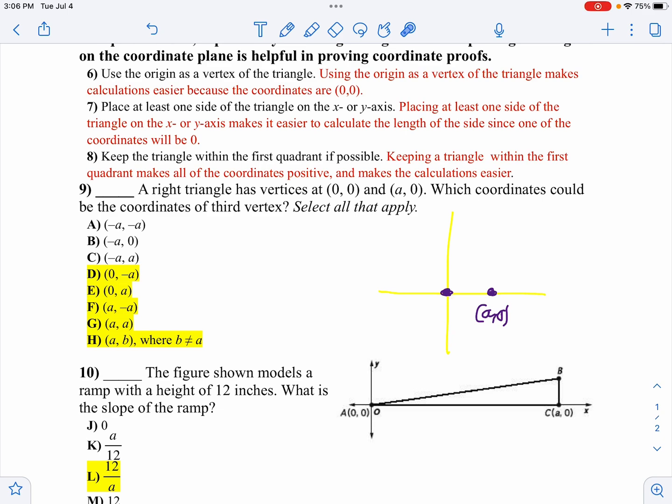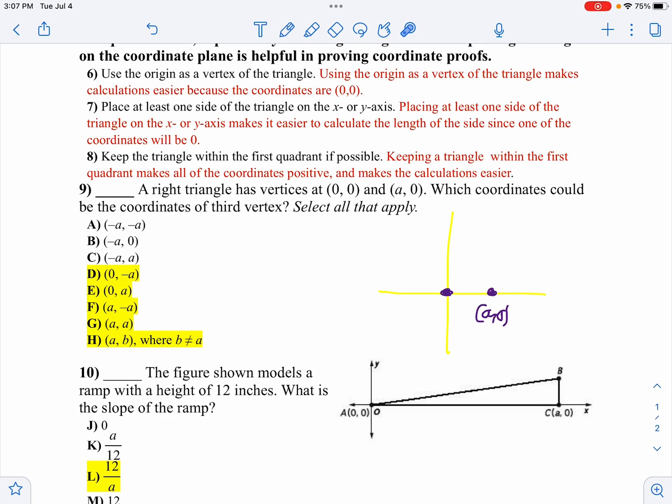If I do 0 and A, once again, I've got a right triangle because I'd have a horizontal and a vertical side. If I do over A and down A, I've got a right triangle because I have the x-axis and then going down. If I go over A and up A, same reason.